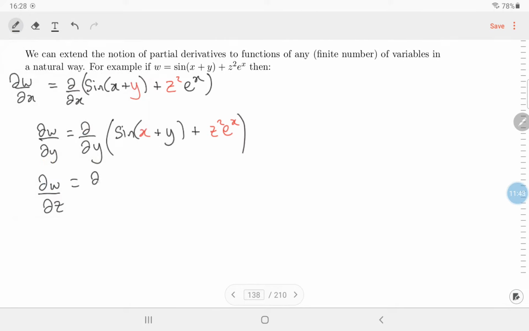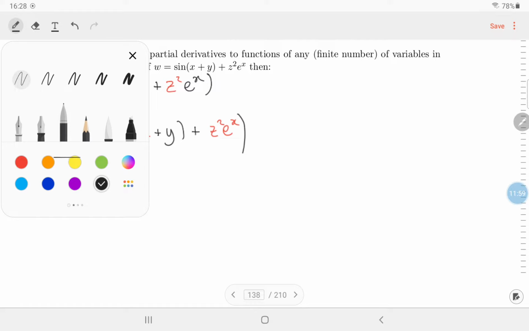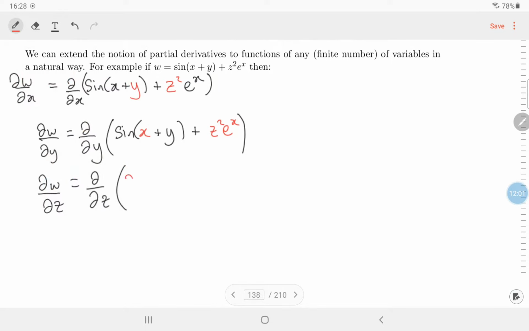And on the last one, we're going to be differentiating with respect to z. So now sine of x plus y, x and y are both constants. So in fact, the whole shebang here, sine of x plus y, is just one big constant.